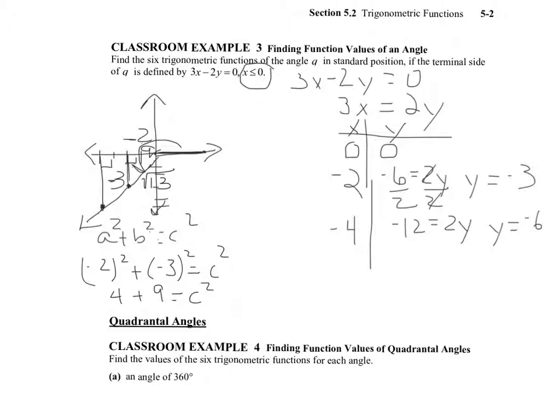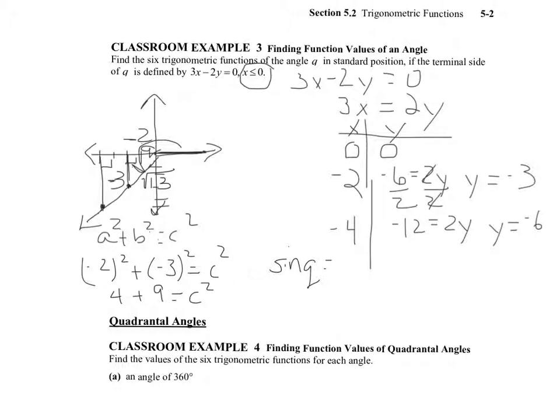All right. Now we're supposed to give what the 6 trig ratios would be. So let's see if we can do that. The sine of angle Q is going to be what? If I'm looking at my triangle, sine is opposite over hypotenuse.